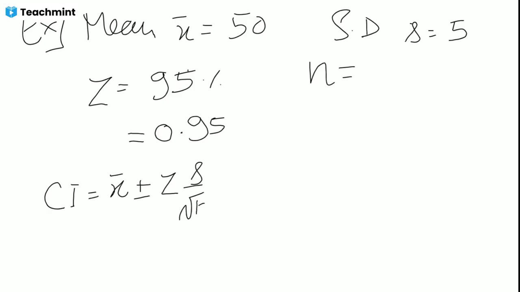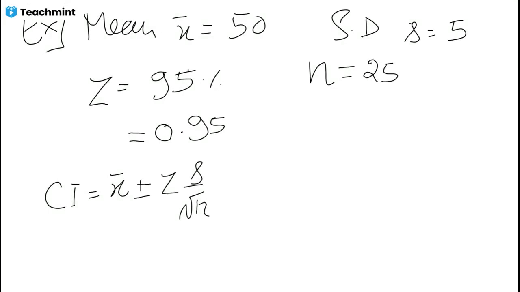So we can take n is equal to 25, and here square root of n. So now put the values, mean is 50, take plus minus both signs, z is 0.95 and s is 5 and square root of 25.